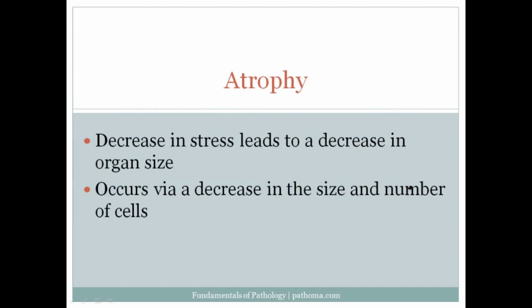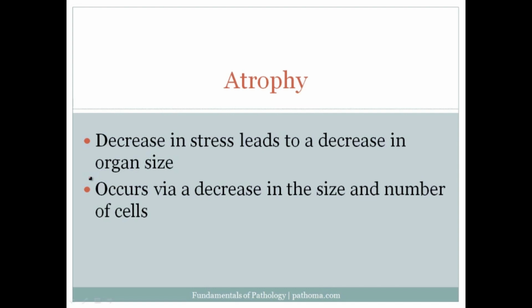Okay, the next growth adaptation is atrophy. Now, the idea with atrophy is that there is a decrease in stress on the organ. So if there's less stress on an organ, the organ will actually decrease in size. And that decrease in size is called atrophy. Now again, really no rocket science. If an organ is going to decrease in size, there's really only two ways for that to occur.